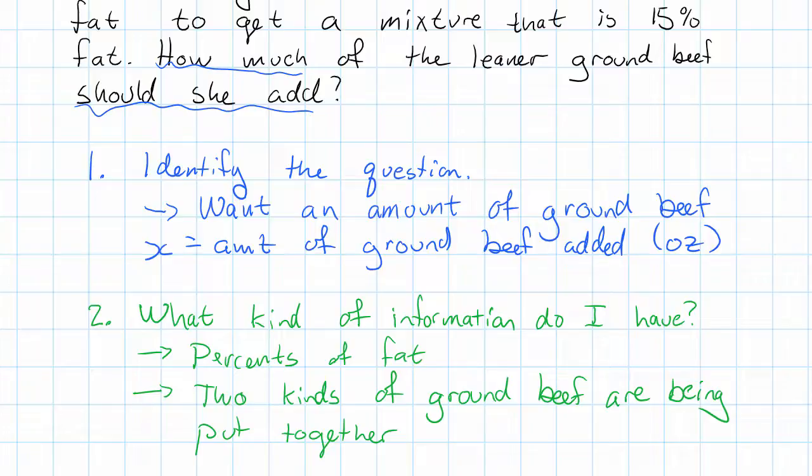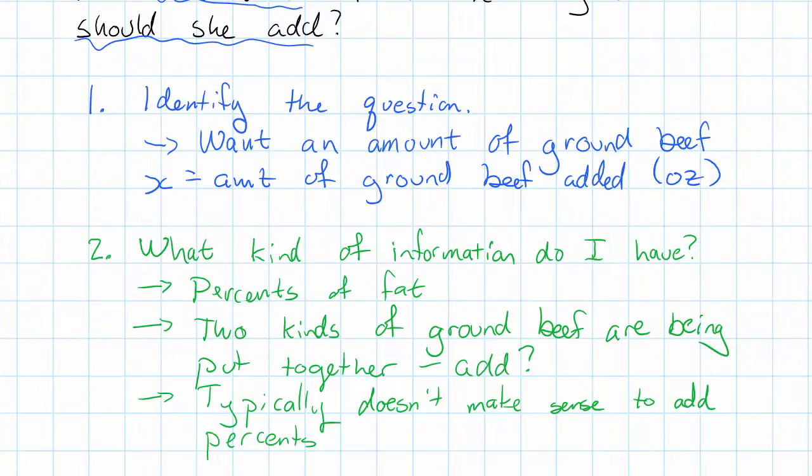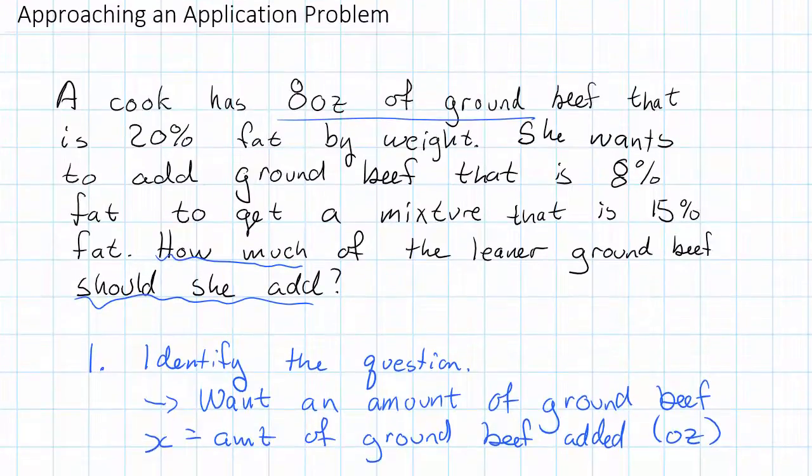Now, things being put together suggests adding, but it typically doesn't make sense to add percents together, right? If I mix 100% juice with another drink that's also 100% juice, I do not get a drink that's 200% juice. And at this point, we notice we're starting to stray from just identifying information. But that's really all there is. Really all that we know is about percents of fat.